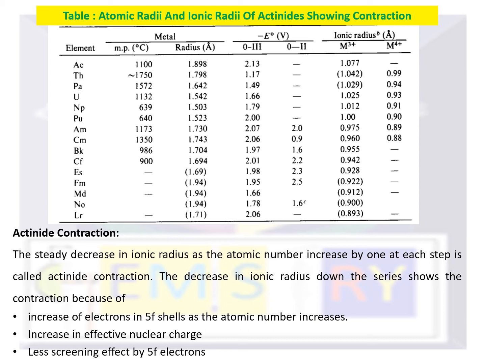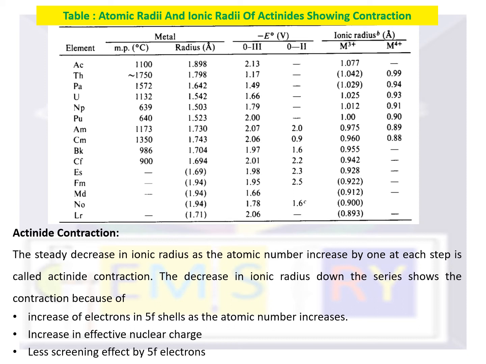But when we see the ionic radius of these actinides, there is a steady decrease from actinium to lawrencium and there is no variation at all. The decrease is very gradual and constant. There is no variation whether the ions exist as M3+ or M4+.